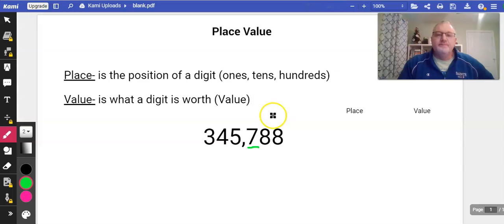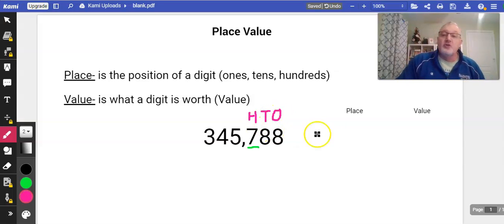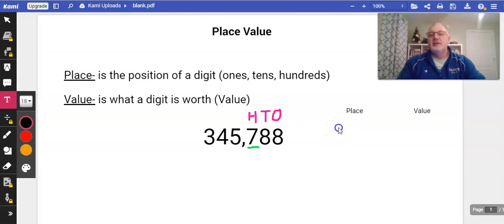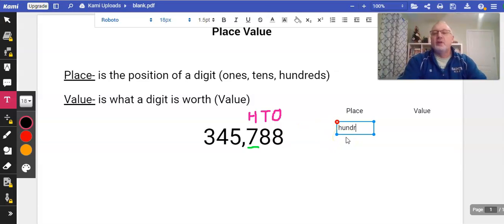Now the 7 is in the third place over. So we need to know our places: ones, tens, and I'm just using an abbreviation to help us figure out ones, tens, hundreds. So what place is the 7 in? Well, 7 is in the hundreds place.